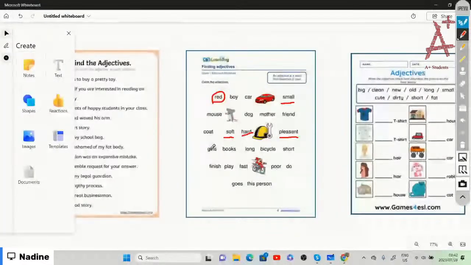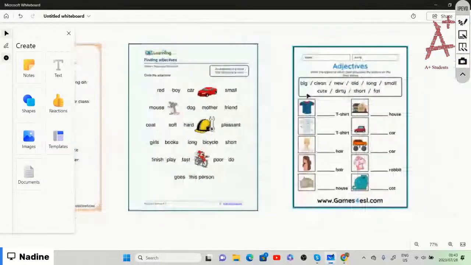A pleasant day, long pants, long, short, a short person, the fast car, the poor person, right? So these are adjectives that we identified. And an adjective modifies or describes a noun. So an adjective modifies or describes a noun.